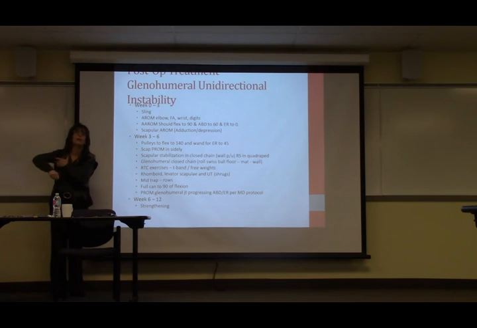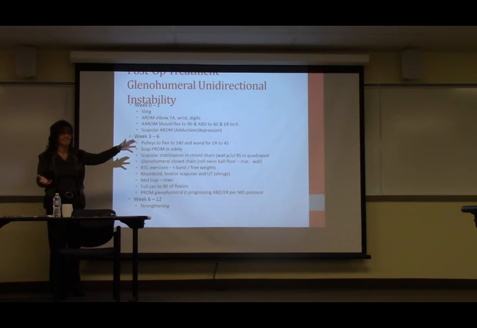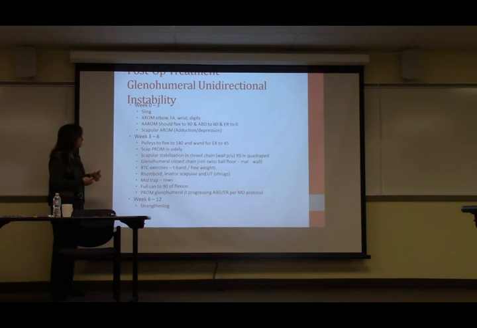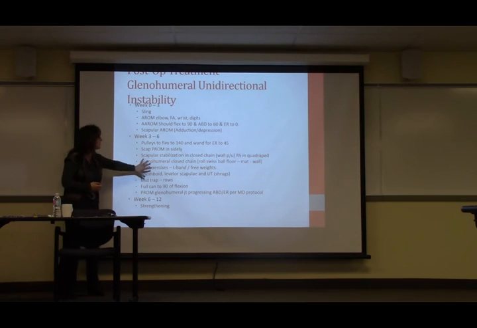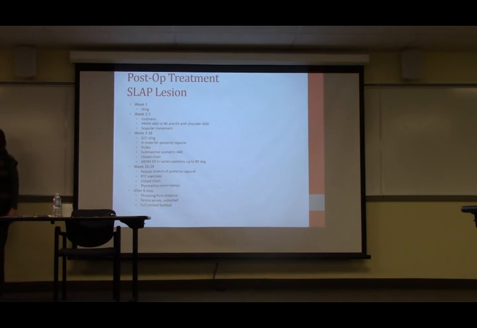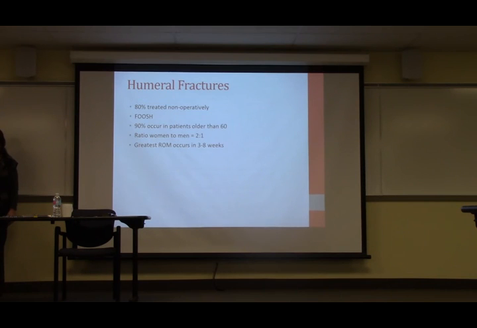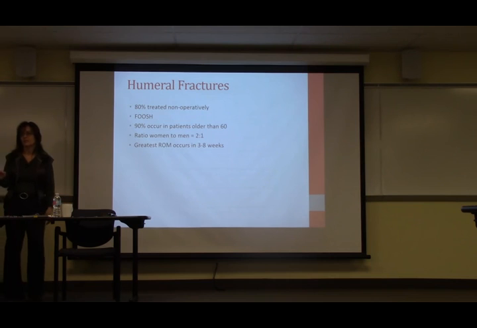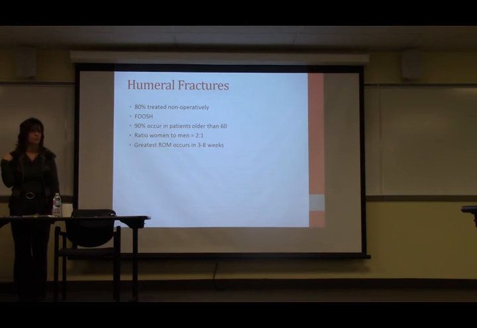Nothing, unless you're a baseball thrower. And if you have instability problems, you probably can't be a pitcher. But this shows, and we're going to talk about some of these types of things when we talk about treatment in a minute. So here is another protocol with instability. But that basically goes through tendon injuries to the shoulder, to the glenohumeral joint.